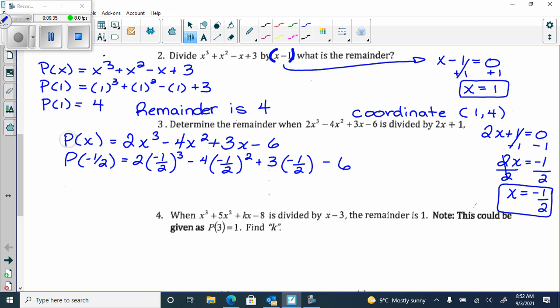Does everyone know where the fraction button is on your calculator? If you go alpha y equals enter, it'll pop up a fraction for you. You can actually make it look like a fraction. So we could go bracket, alpha y equals enter, -1/2, bracket, to the power of 3.